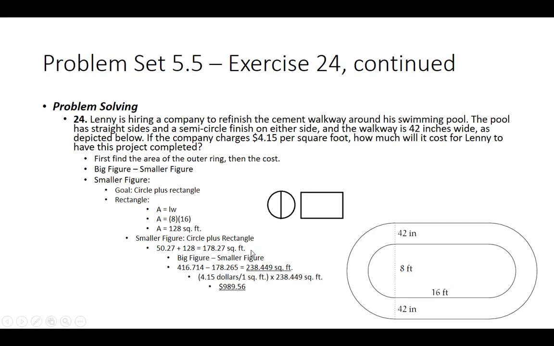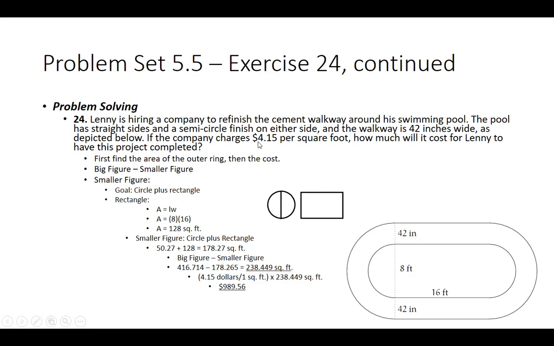So that's the area of the smaller figure. Bring back the area of the big figure and subtract the area of the small figure. 416.714 minus 178.265 gives us an outer ring area of 238.449 square feet.